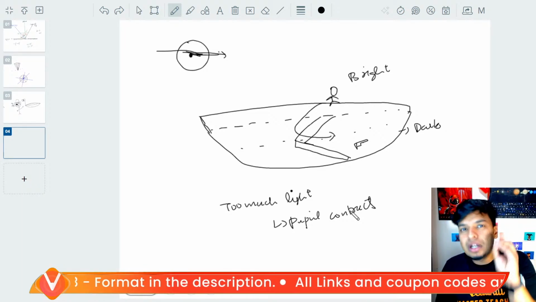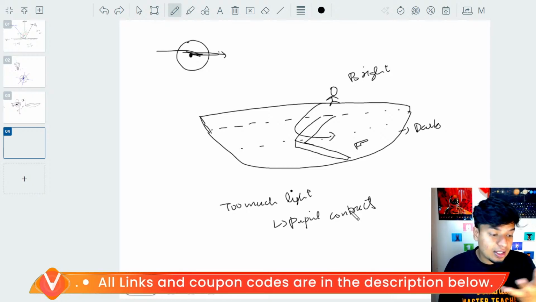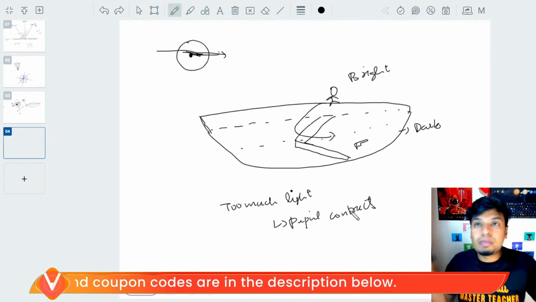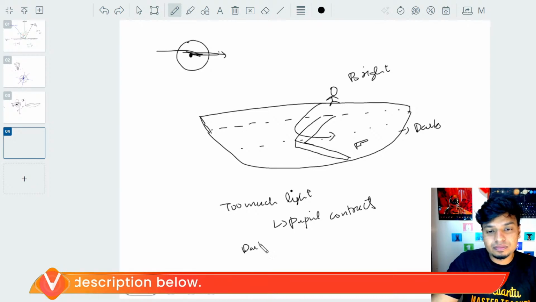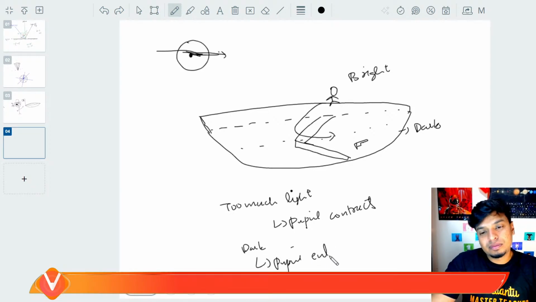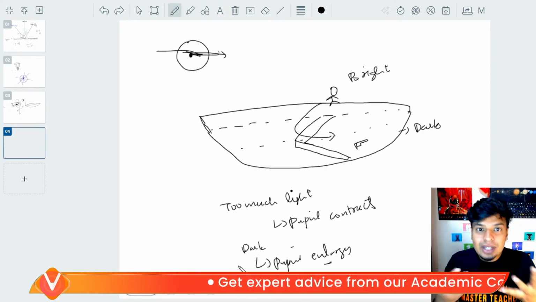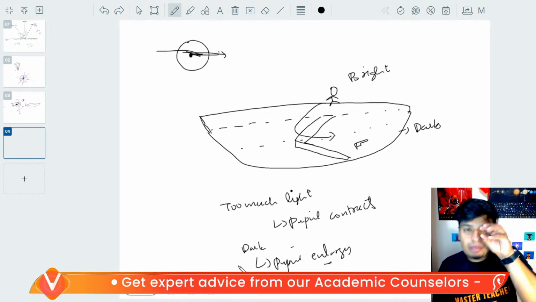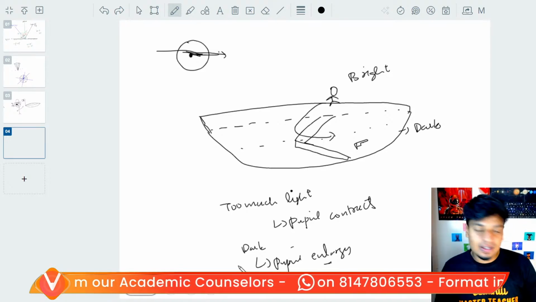Too much light will hurt them. But when you are in the darkness, you want to see everything properly, so your pupil enlarges. So that's why it will take some time for your pupil to become small and become big when you move from darkness to brightness and brightness to darkness.